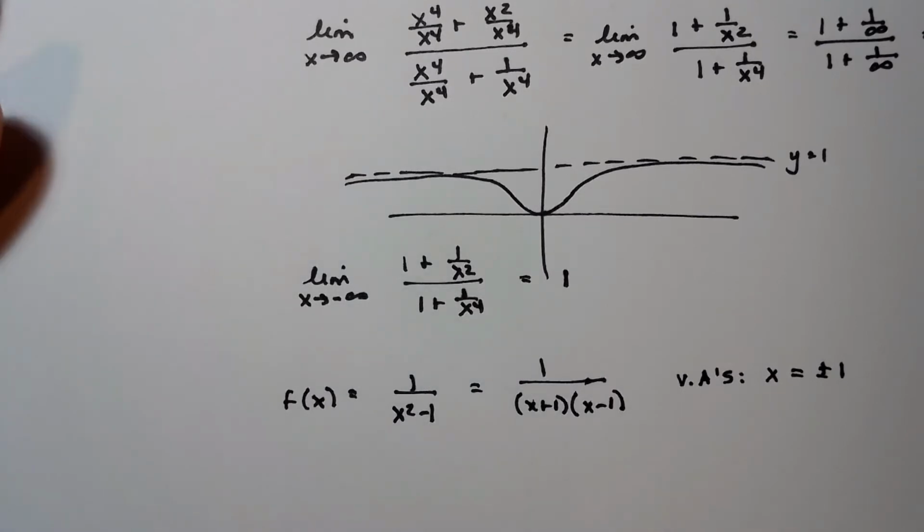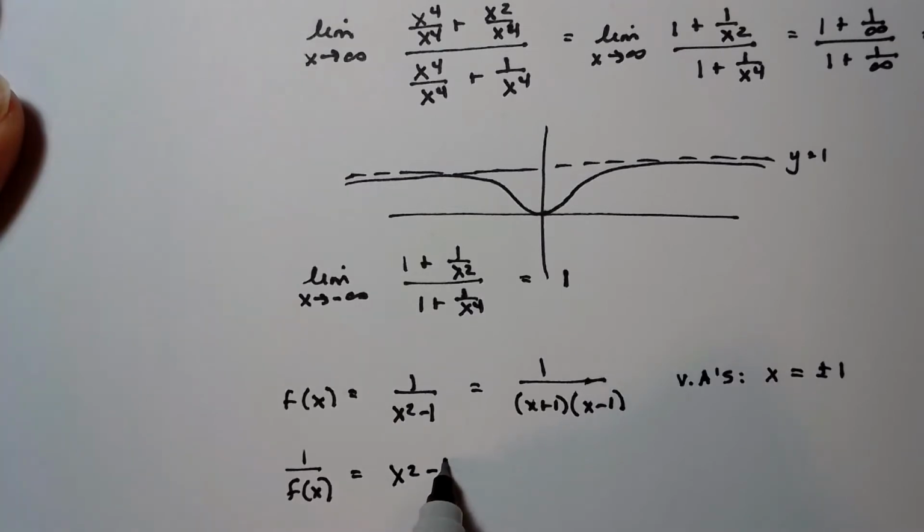But let's suppose we want to use a limit on this. Well, I would say the following. I would say that we know that 1 over f of x is equal to x squared minus 1.